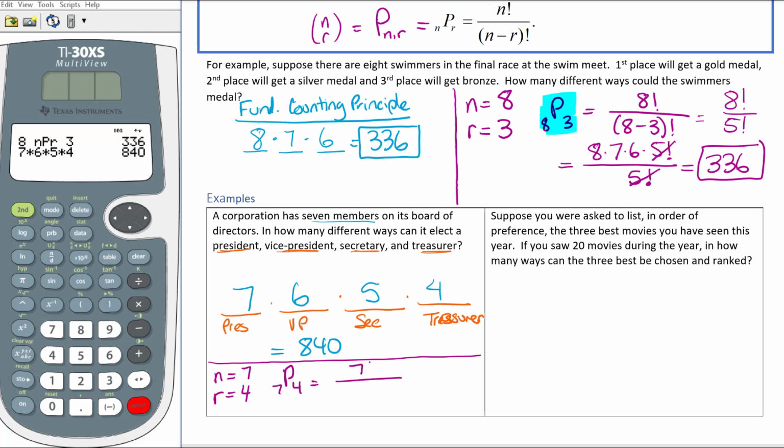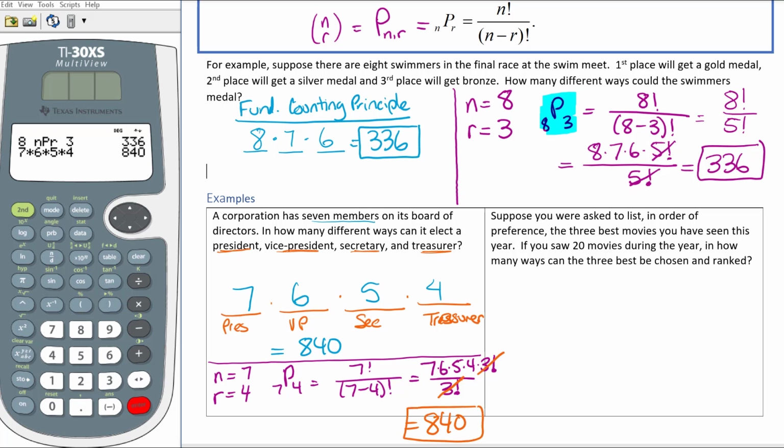So we have 7 factorial on the numerator, 7 minus 4 factorial on the denominator, which gets us 7 times 6 times 5 times 4 in the numerator. In the denominator we have 3 factorial. So that tells me in the denominator, because I have 3 factorial, I want to stop at 3. That means that the 3 factorial divides out, and I have 7 times 6 times 5 times 4 again, which gets me the same answer of 840.